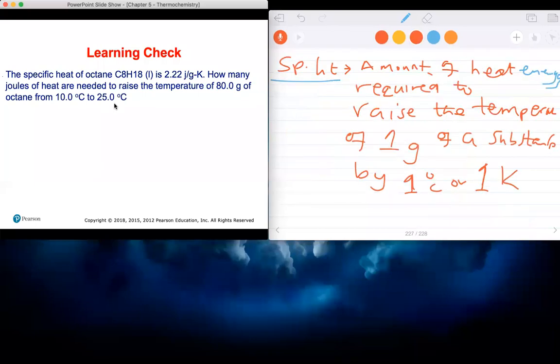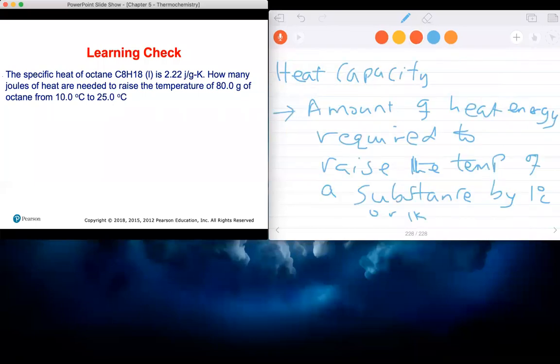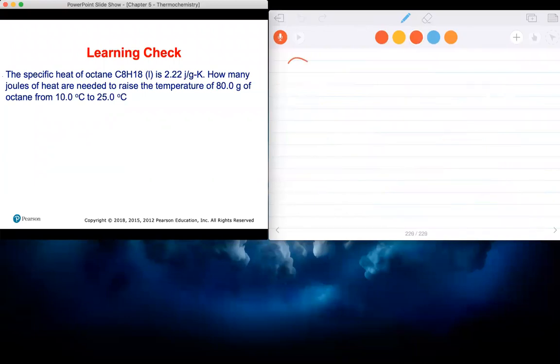So at the outset, you should know that heat in joules is given by mass times the specific heat times the change in temperature.